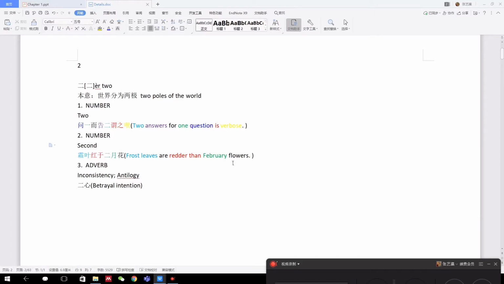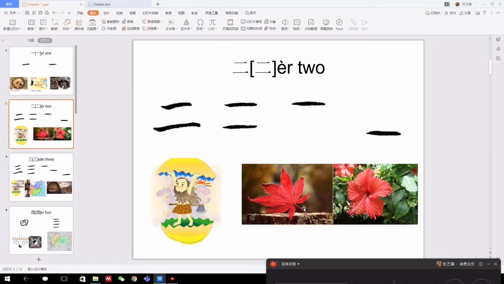And this sentence describes the frost leaves. The writer is describing the frost leaves, comparing them with the February red flowers.